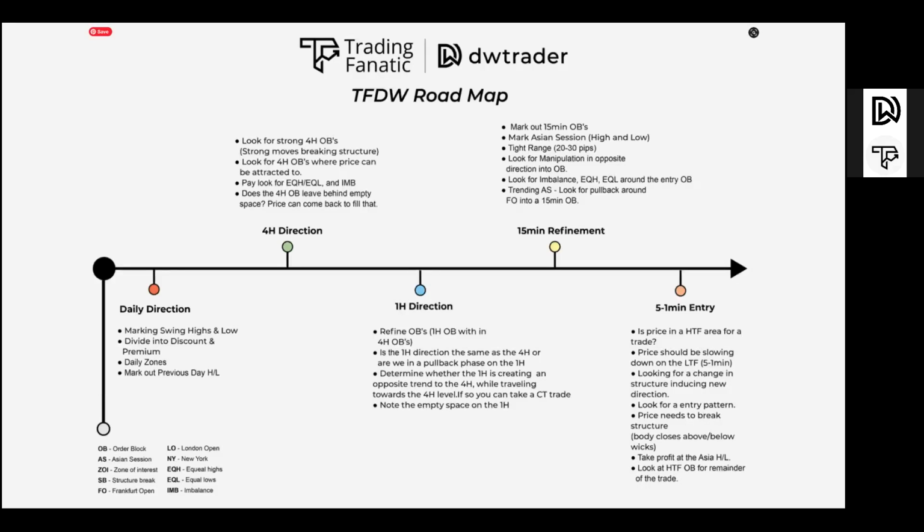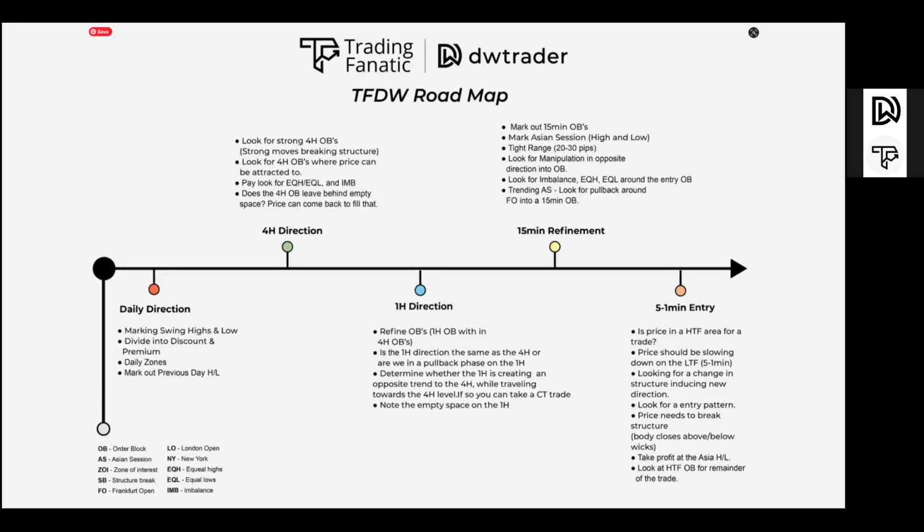So we can, in essence, take that pullback as a counter trend trade towards the 4-hour order block where the impulse originated from. I'll draw that out again on the chart. So determine whether the 1-hour is creating an opposite trend to the 4-hour while traveling towards the 4-hour level, the 4-hour strike zone order block. If so, you can take a counter trend trade. And just note also the empty space on the 1-hour.